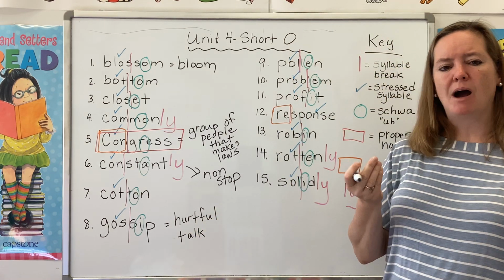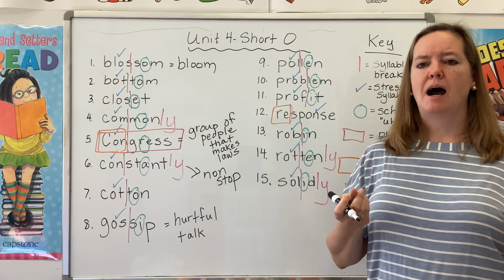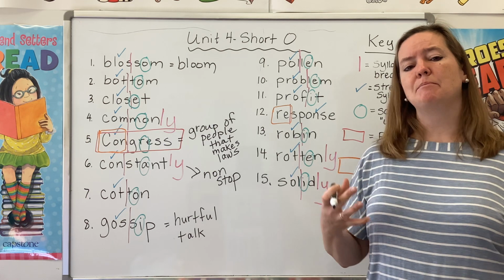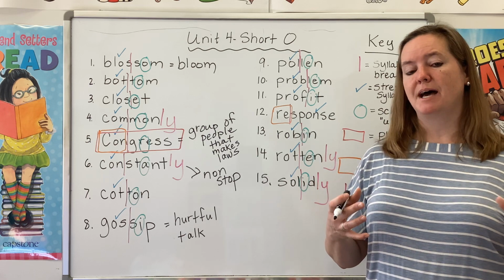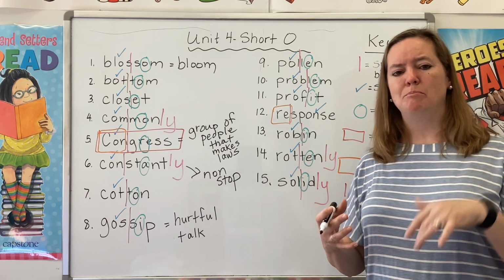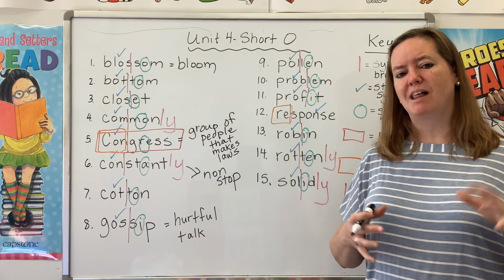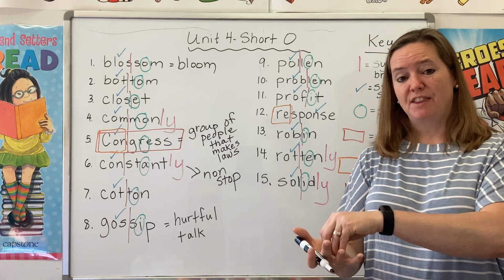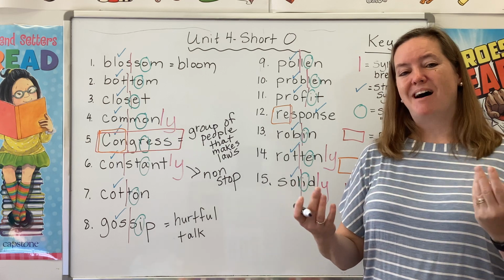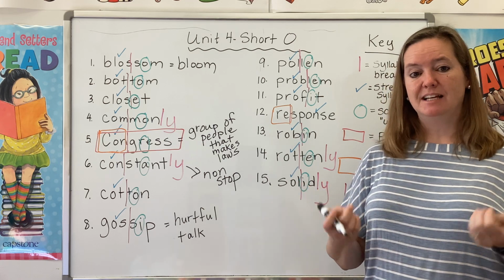Pollen, that's a powder, usually it's yellow. Pollen is something that plants make. They produce it and that helps them make seeds. So when bees and birds and butterflies land on a plant to get the nectar, they're looking for that sweet nectar, but the pollen is getting all over their feet and their wings.